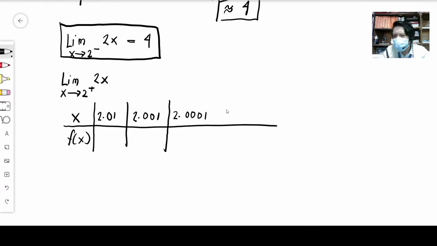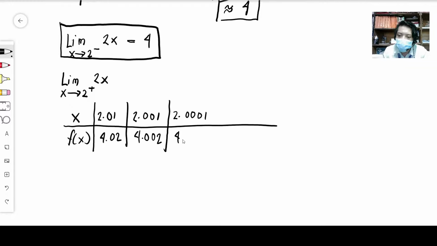So it approaches 2 but coming from the right. When you solve for the value of f of x, when x is equal to 2.01, the value is 4.02. Now when x is equal to 2.001, the value of f of x is 4.002.